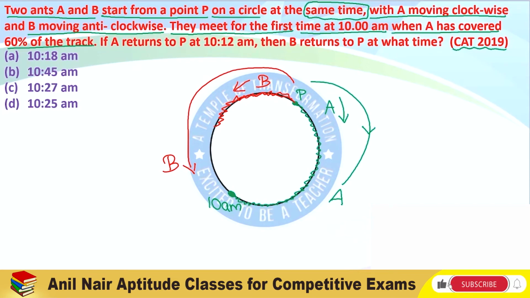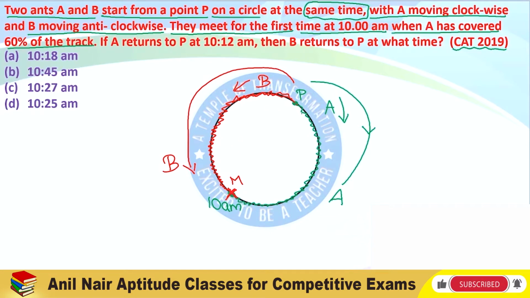Similarly, let us use the red color once again for ant B. Ant B was moving in anti-clockwise direction like this, and it will also meet. So this particular point, whatever I am marking right now at 10 a.m., is nothing but the meeting point. So can I say that ant A from P to, suppose for example, meeting point, I'll name it M, from P to M, ant A has covered a distance of 60%.